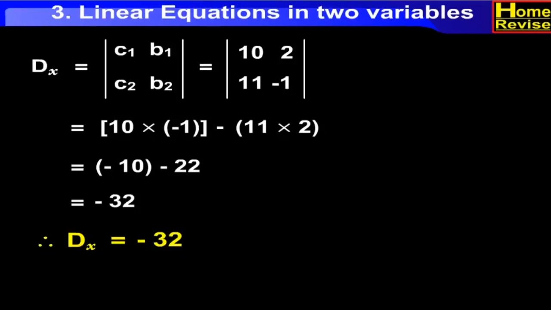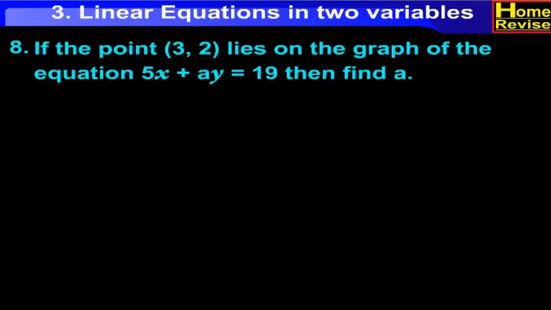If the point 3, 2 lies on the graph of the equation 5x plus ay is equal to 19, then find a. Solution.